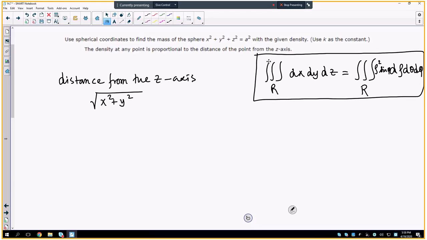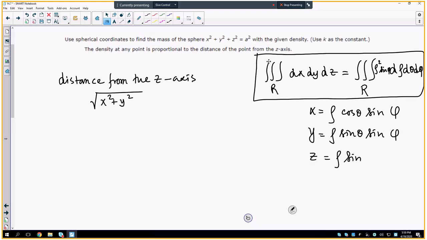Then I'm going to remind myself what the spherical coordinates are. X is equal to rho times cosine of theta times sine of phi. Y is equal to rho times sine of theta times sine of phi. And z is equal to rho times cosine of phi. Also, we will talk about the other interchange.